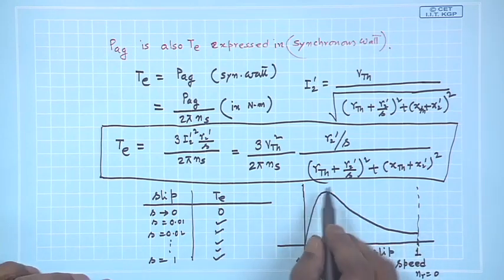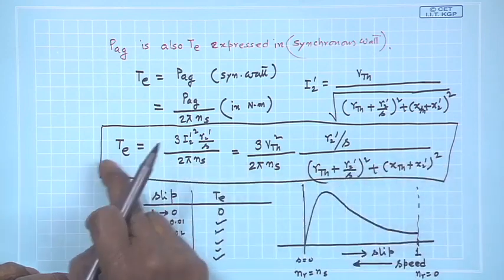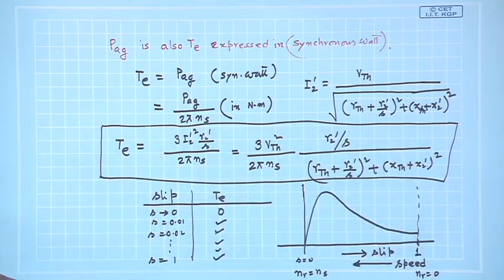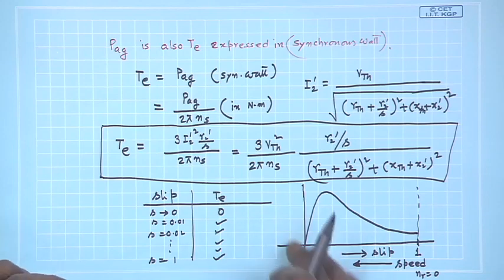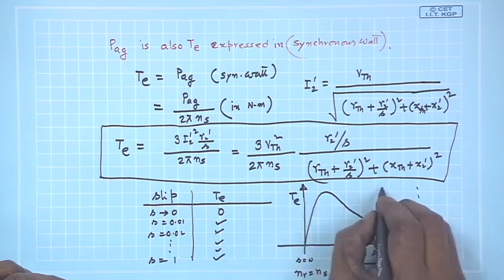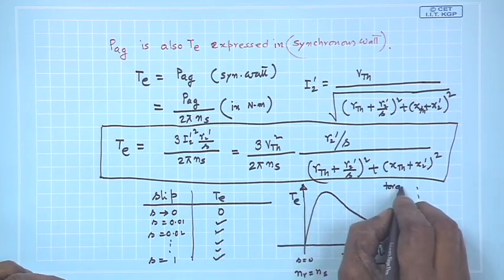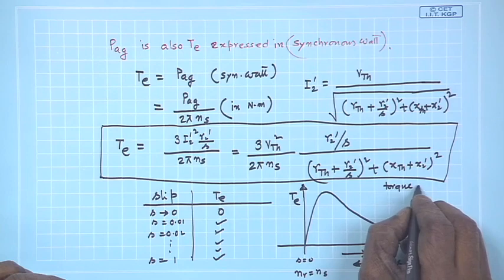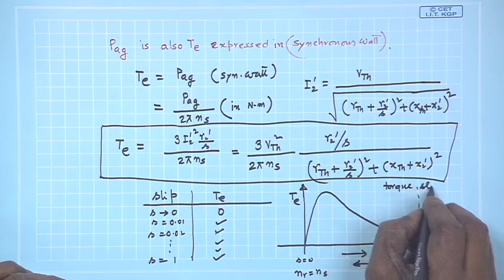This is called the torque slip characteristics, torque versus slip characteristics.